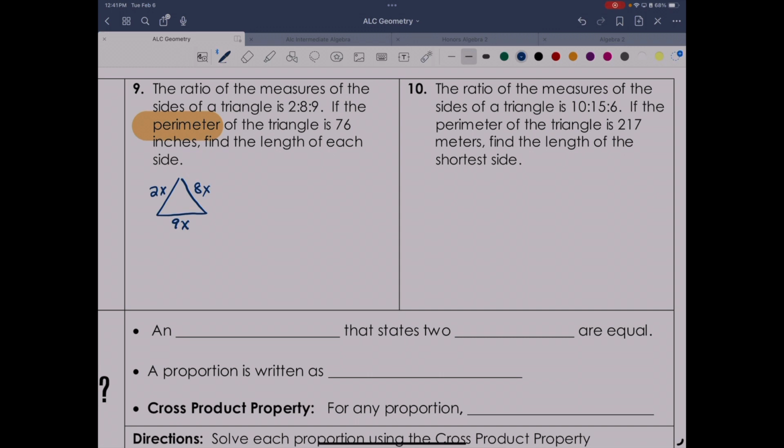Together, they have to add up to 76. So 2x plus 8x plus 9x has to equal 76. We'll do this one together. That's 19x equals 76.